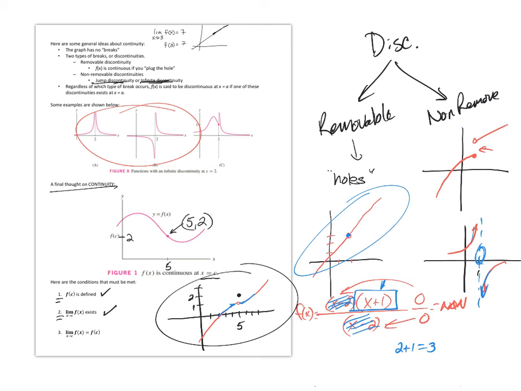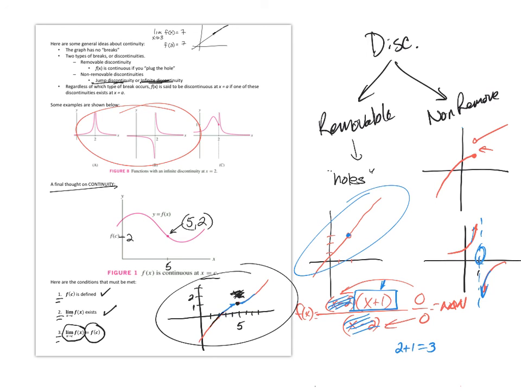Well, look at condition 3. It says the limit that exists in bullet point 2 better be the same as the y value that exists in bullet point 1. So let's say the y value at 5 isn't 2. Take away that guy. But let's say the y value at 5 is the same as what the limit was.